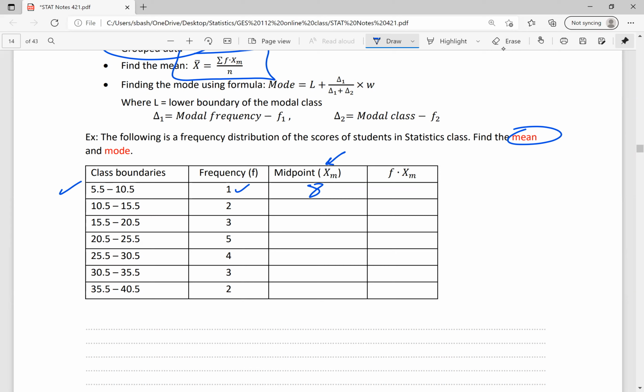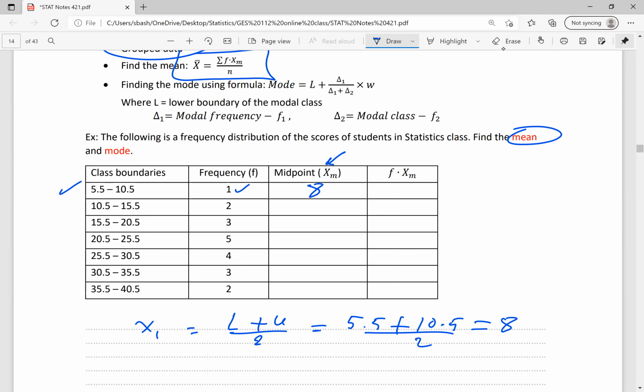Remember that the midpoint, xm, will be the lower boundary plus upper boundary divided by 2. That will be 5.5 plus 10.5 divided by 2, which is equal to 8. We call the first one x1, not xm.